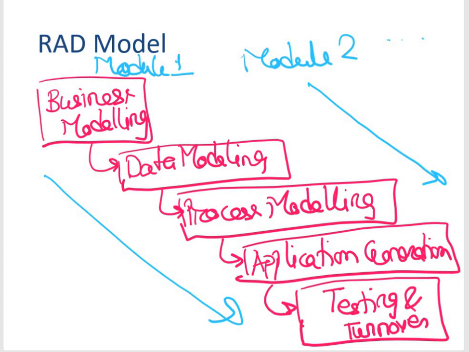In case of business modeling, the information flow among the business functions is defined by answering questions like: what data drives the business process?